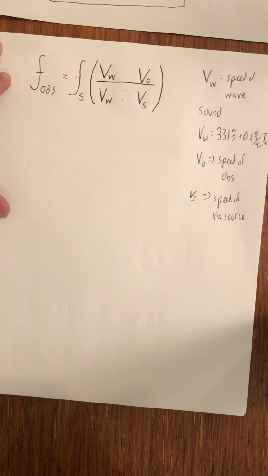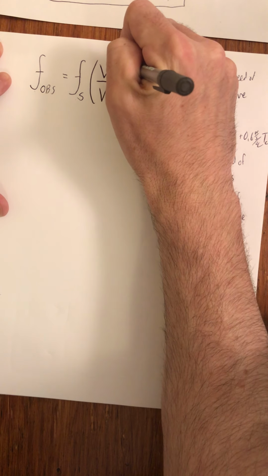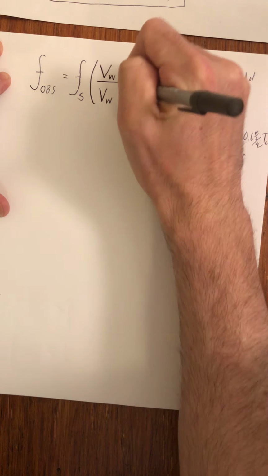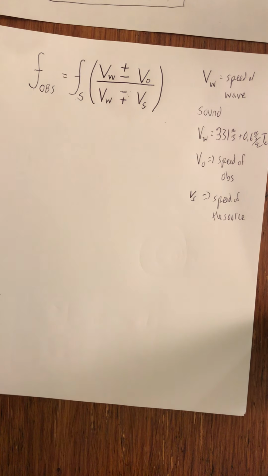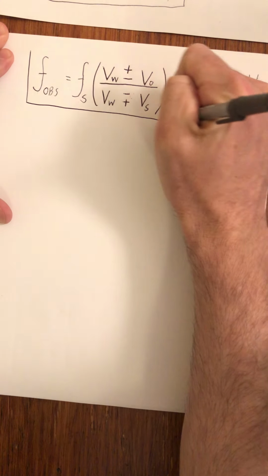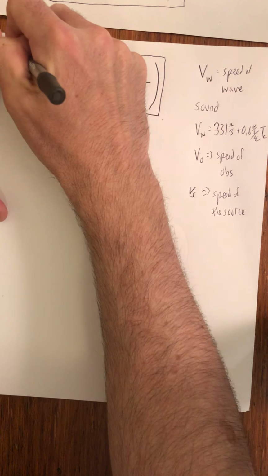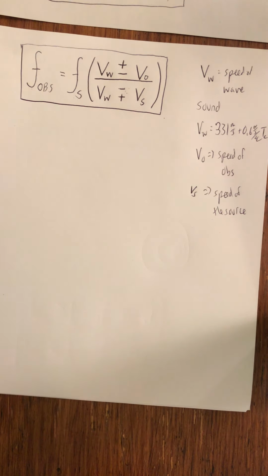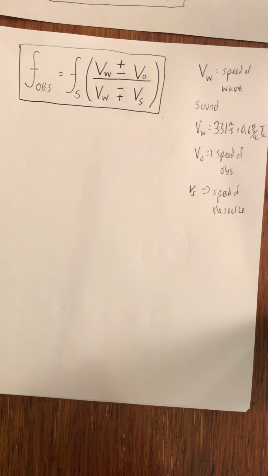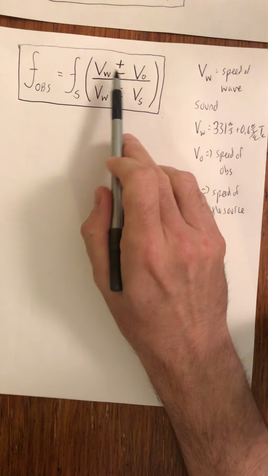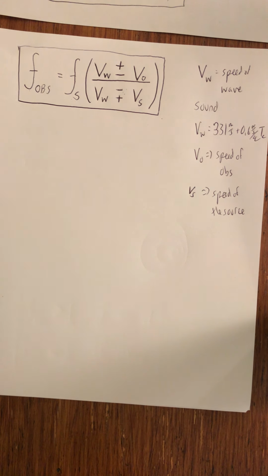And so now here's the part that makes people get a little confused. What goes between these? Plus minus, and then minus plus. And this is the equation for the Doppler effect. And so our job in a problem is going to be to figure out what each of these 5 variables are, and then we're gonna have to make some choices about pluses or minus based on context.